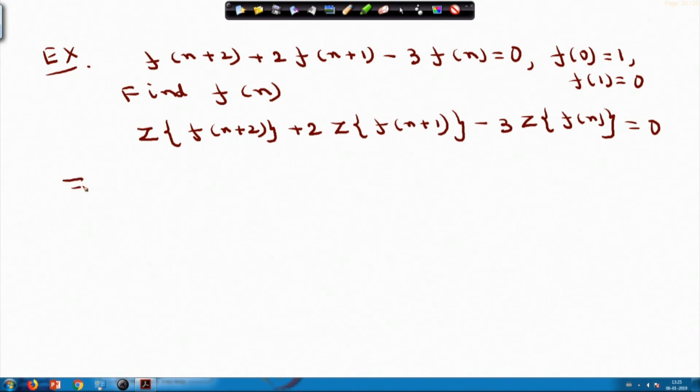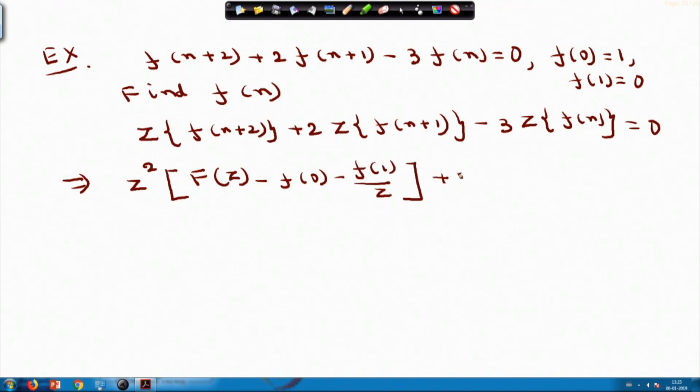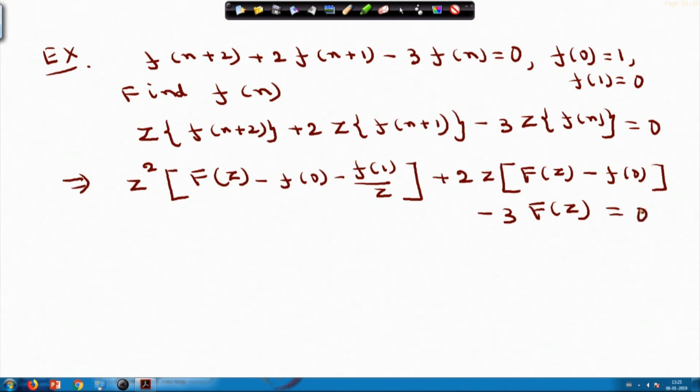So, if I simply follow those formulas, I can write z square into capital F z minus f 0 minus f 1 by z, plus 2 into the z transform of f of n plus 1, which is capital F z minus f 0, and this is minus 3 into the z transform of f n, which is capital F z, equals 0.